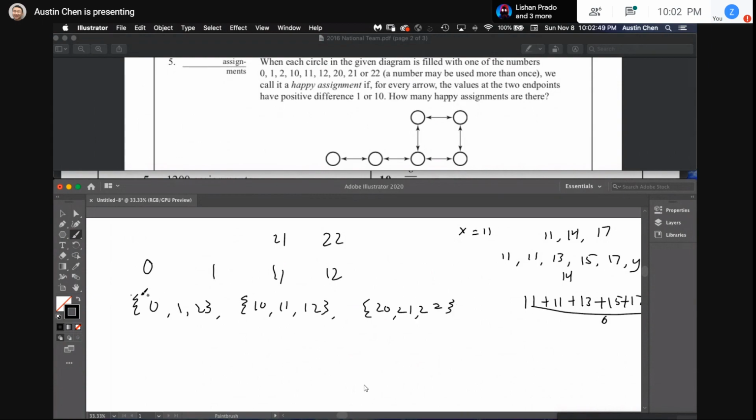You can see in these three sets, they're aligned: you can go from 0 to 10 to 20, 1 to 11 to 21, and 2 to 12 to 22. You can also move around within the sets.